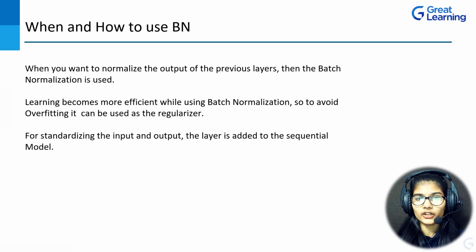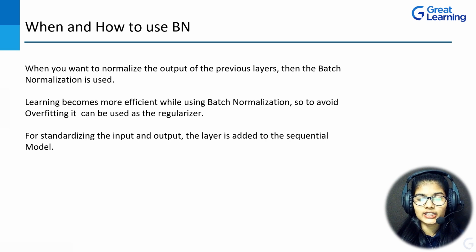It means whenever you want the output of the previous layers to be converted from numerical values to a common scale without disturbing the shape, in that case you use batch normalization, right? I hope the first point is very clear, what batch normalization is first of all used for.